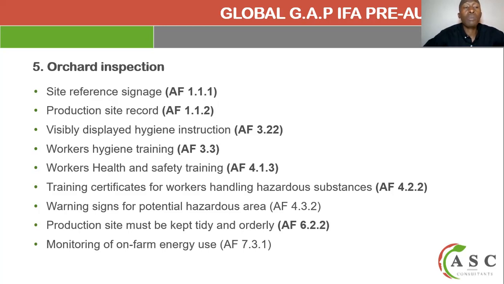For example, upon harvesting, it's inevitable that some of the fruit will find its way onto the ground. Such fruit constitutes waste, and it must be calculated so we can know exactly which portion of this production went to waste. All of those must be recorded on the production site record. As you can see, these are bolded, which means they are major must requirements.